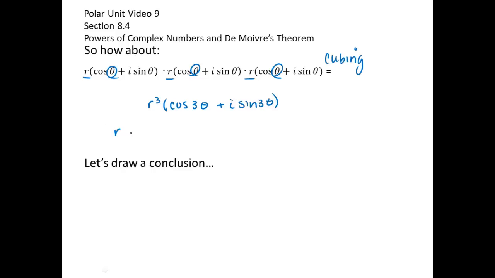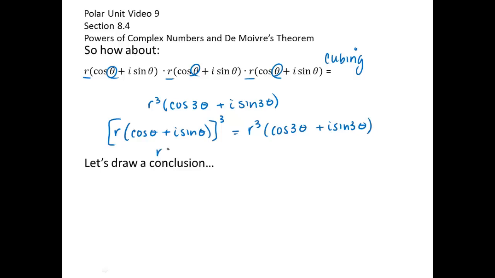So if I'm taking an r cosine of theta plus i sine of theta and raising it to the third power, I get r cubed cosine of 3 theta plus i sine of 3 theta. In shorthand, I would have r cis of theta cubed, and that would equal r cubed cis of 3 theta.